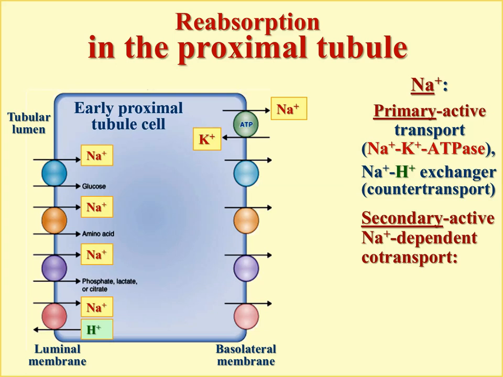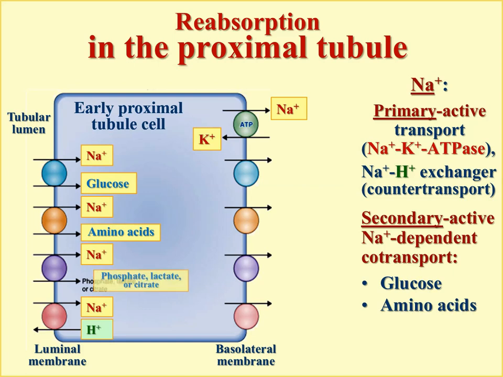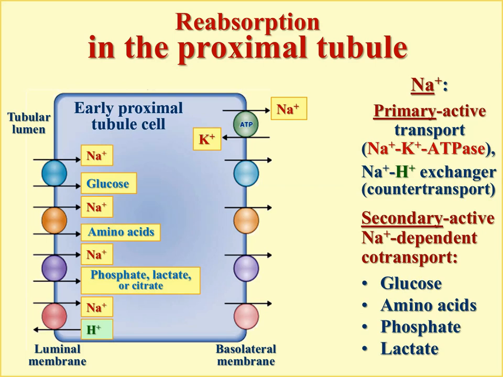with glucose. Then other transporters transport amino acids. Other transporters can transport such substances as phosphate, lactate, or citrate. All these ways of transport for glucose, amino acids, phosphate, lactate, and citrate are secondary active sodium-dependent transport.